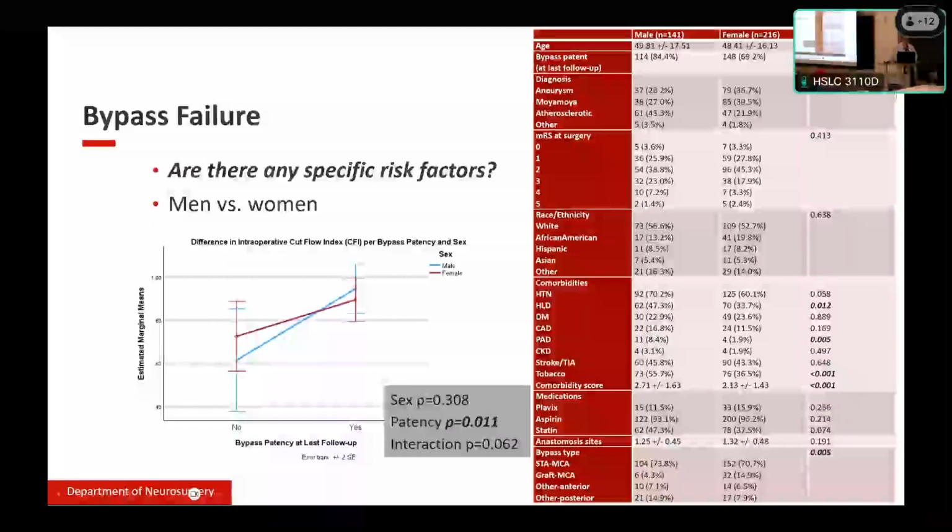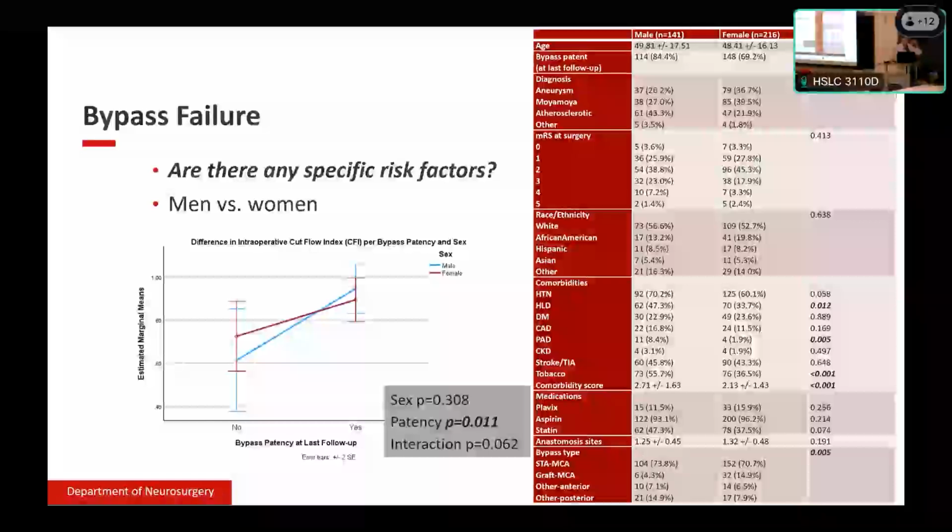And what I found was that men tended to have more cardiovascular risk factors than women, which was interesting. And despite having more cardiovascular risk factors, women still had higher occlusion rates. And if you see here, I did include information about bypass type and anastomosis sites.